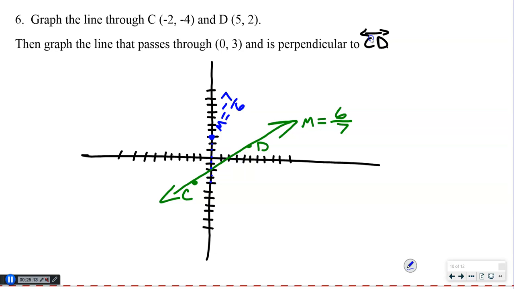And then right 6 would take us 1, 2, 3, 4, 5, 6. And then right there. So drawing this line, and again, if it were to scale, it would be much easier to see that it is perpendicular. So once we have that opposite reciprocal slope, we're able to draw that perpendicular line.